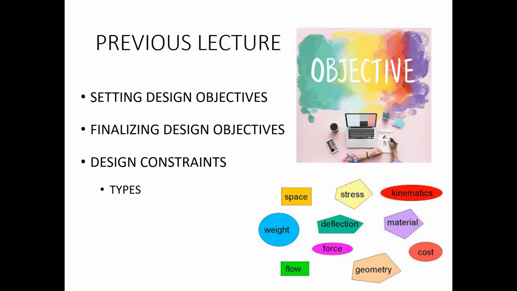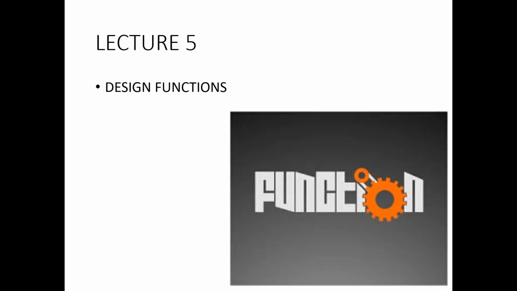Then how to finalize the design objectives, and what are design constraints and the different types of design constraints. So in today's lecture, we will see about the design functions, what a design function is and what are the various design functions.